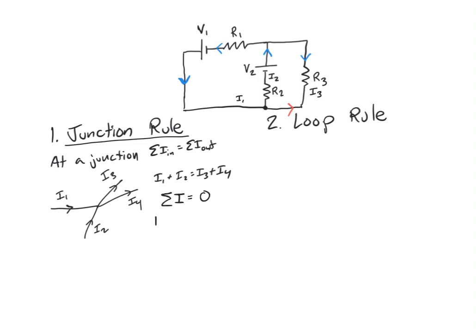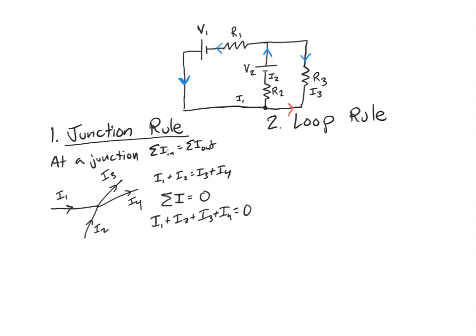This way I can simply write I1 plus I2 plus I3 plus I4 equals 0. If I know I1, maybe I've calculated it, measured it, or been given this value, and I plug some of these in, it will allow me to figure out what's going on with the others.